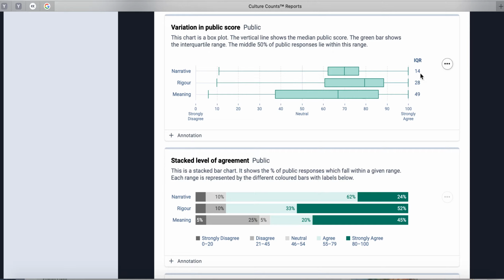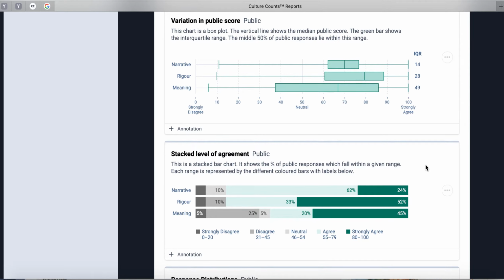You can see here it's also got the smallest interquartile range, and that's this bit here. So the smaller the box, the closer together your audiences were. The bigger the box, the bigger the line, the more spread out your audience was in all of their responses.